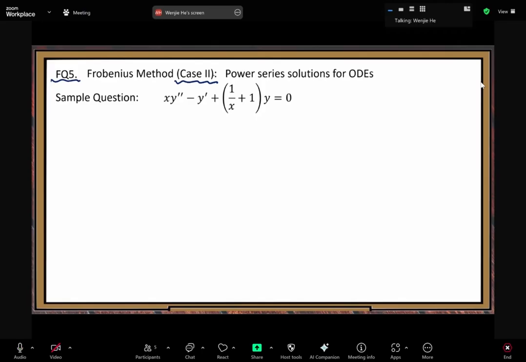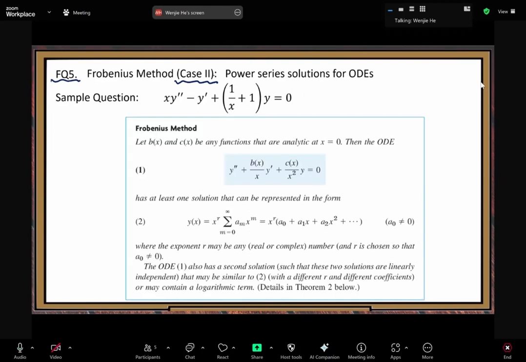First, I want to review the theory a little bit. So the second chance. Let's review the theory. The Frobenius method. We want to solve this equation. Then the solution has a form like this.